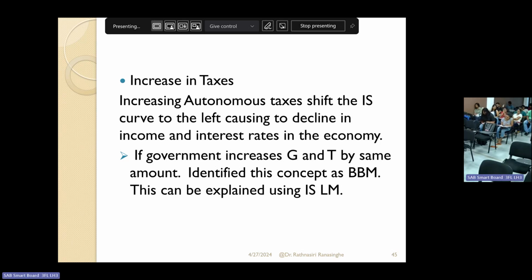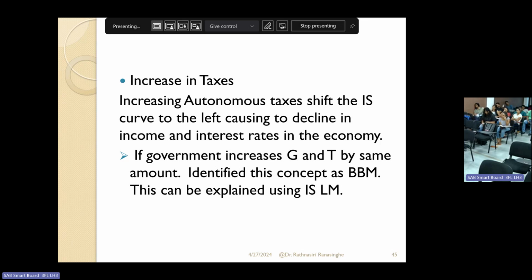Again consumption reduces. That's negative, so the effect is always negative. So the tax multiplier is negative. Normally a rise in the tax is not conducive to production.